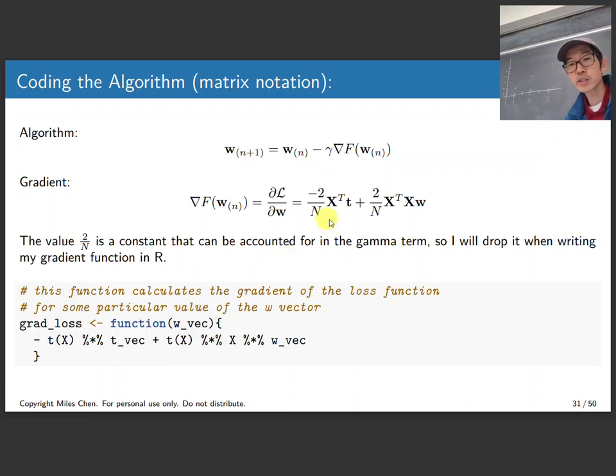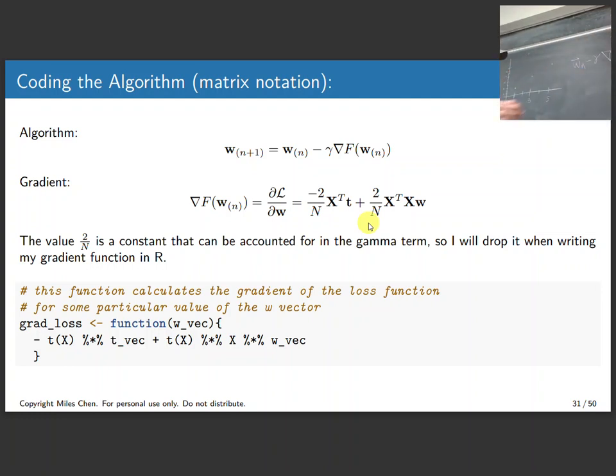So here is the equation of the gradient: negative 2 over n X transpose T plus 2 over n X transpose X W. This is the gradient of our loss function with respect to W. Now, I have this constant 2 over n, but remember, we're going to take our vector W at time n and subtract gamma times the gradient at W n.